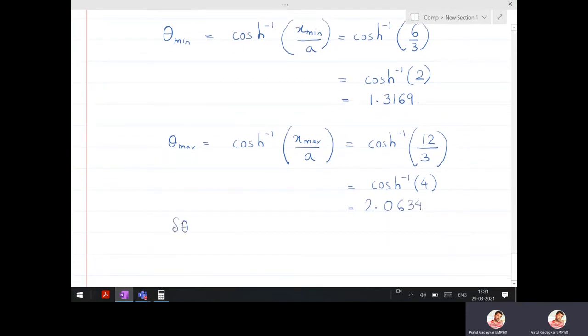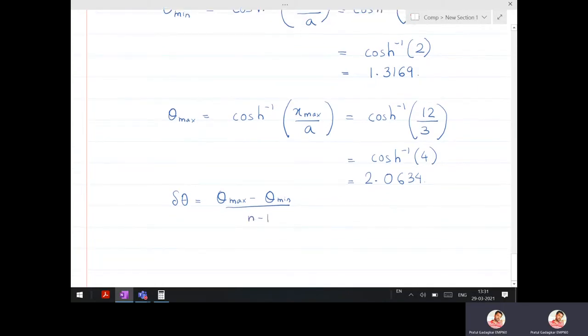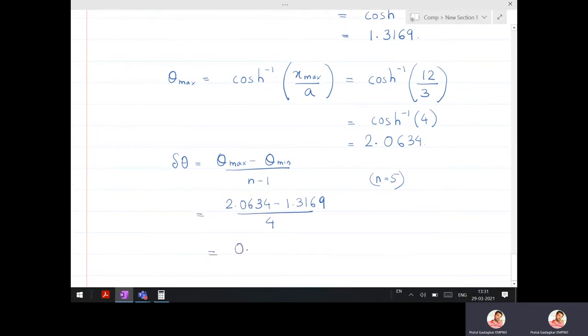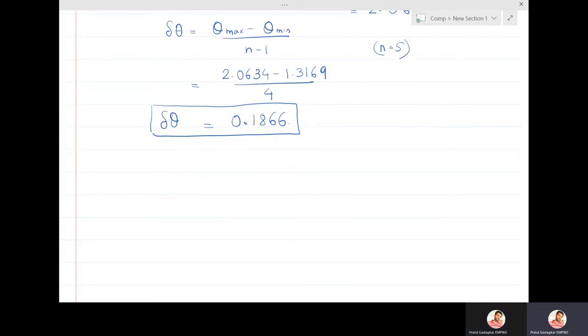Delta theta will be theta max minus theta min divided by n minus 1. We have to generate 5 points, so n is 5. So it will be 2.0634 minus 1.3169 divided by 4, and that comes out to be 0.1866.